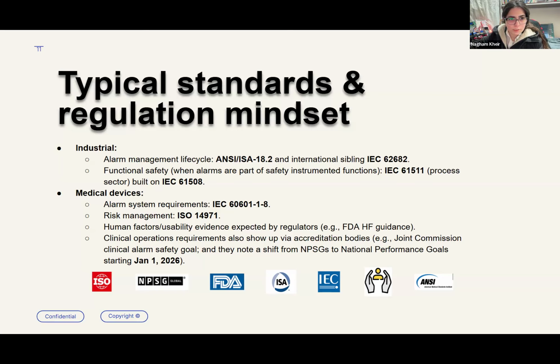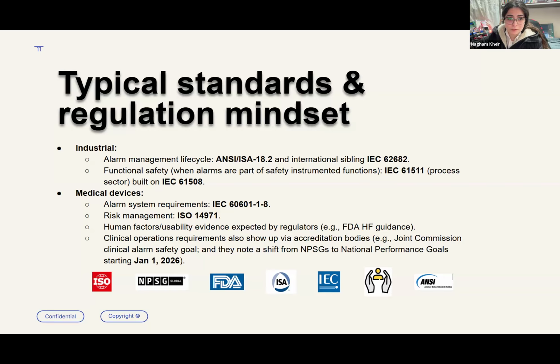IEC 62682 is the international counterpart built directly from that same body of work. When alarms are part of safety instrumented functions, IEC 61511 governs safety instrumented systems in the process sector, and it is aligned with the functional safety principles of IEC 61508.